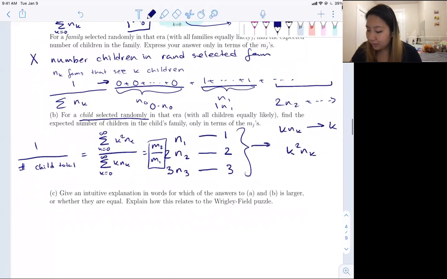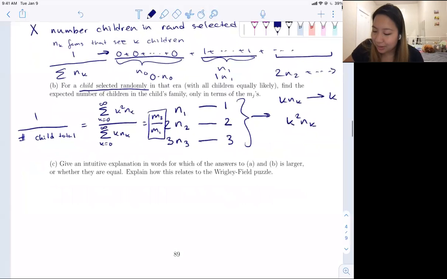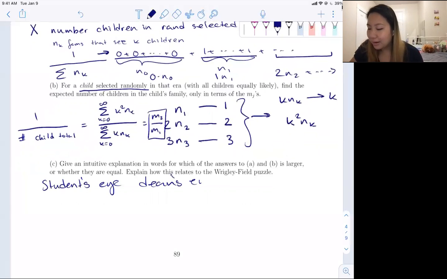For the last part, give an intuitive explanation in words for which of the answers A and B is larger, or whether they're equal. So this is kind of fun, because we've seen this problem before. This is very similar to the student's eye, Dean's eye, like average problem on a P set somewhere.